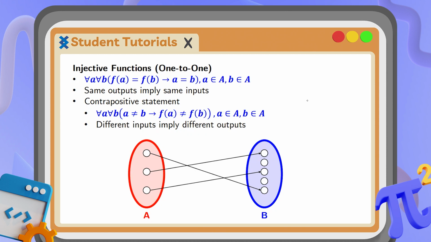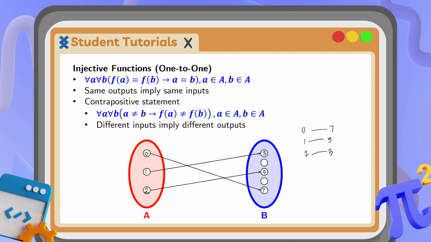So let's have an example here. We have elements 0, 1, and 2. And notice how they do not share any same output in the codomain. So let's say this one is 3, this one is 5, this one is 7. 0 maps to 7, 1 maps to 3, and 2 maps to 5.